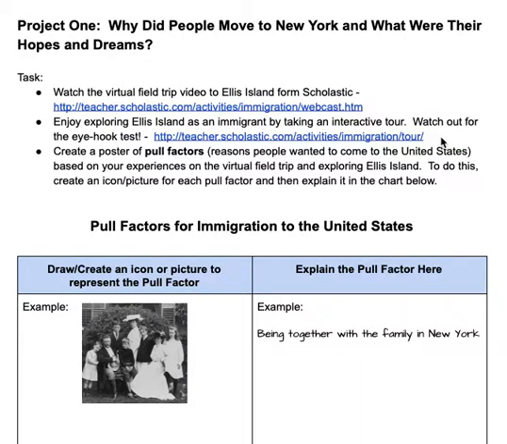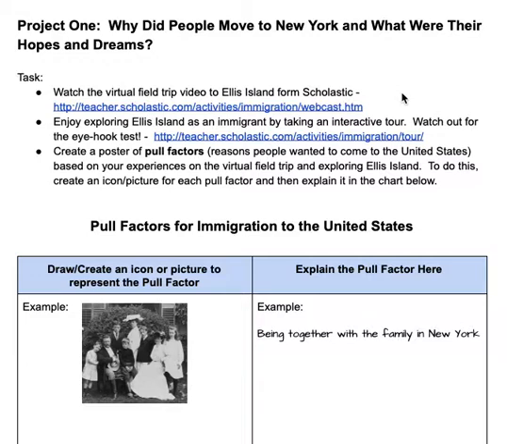And one that I use with my kids all the time is this one here. If you click this link, it will send the kids through Ellis Island, and there's all kinds of really cool little side trips that you can take on that interactive tour. So the kids will actually walk their way through Ellis Island. They'll see the tests that the people took and the different stages that were there as they went through.